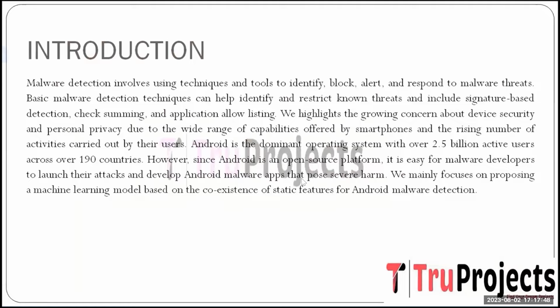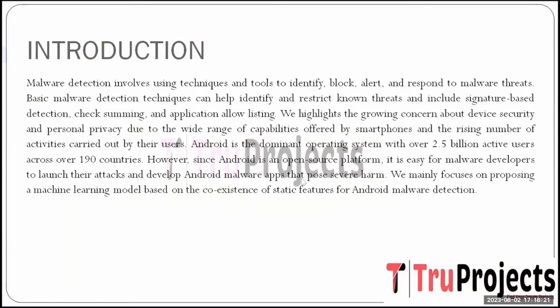Amidst this landscape, attention is drawn to the mounting apprehension concerning device security and individual privacy, in consequence of the multifaceted capability offered by smartphones and the proliferating range of user activities they facilitate, particularly in the Android domain, which remains the prominent operating system with an extensive user base exceeding 2.5 billion individuals across 190 countries.